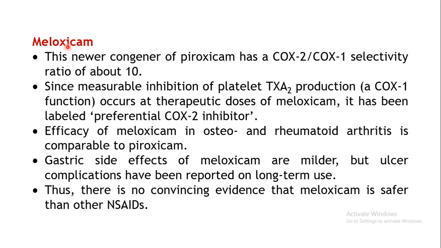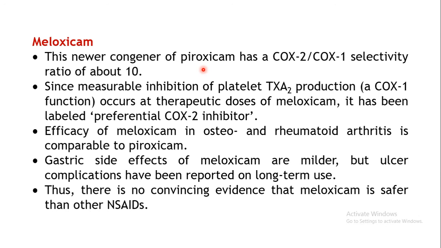Next drug is Meloxicam. Now if you remember the enolic acid derivatives, which are known as oxicams, this is a congener of that particular class of drugs. Piroxicam was a drug which we had discussed there in detail. So this drug Meloxicam is a congener of piroxicam. If you refer to the older books, you will find Meloxicam is classified along with piroxicam.